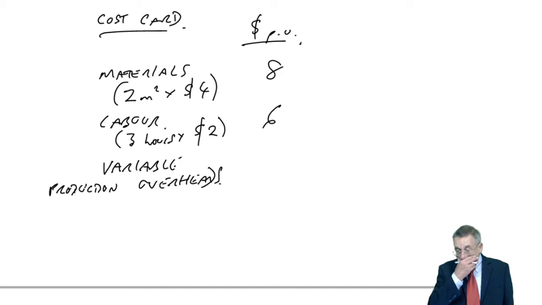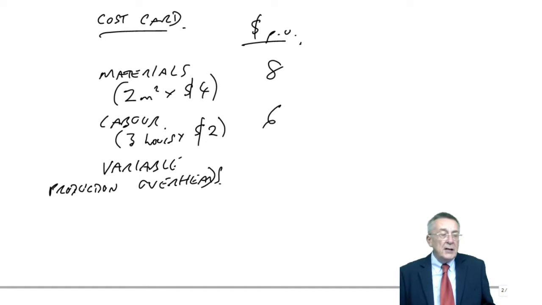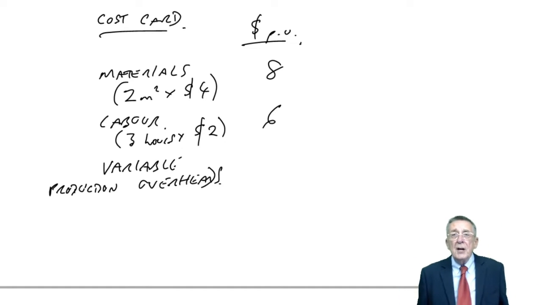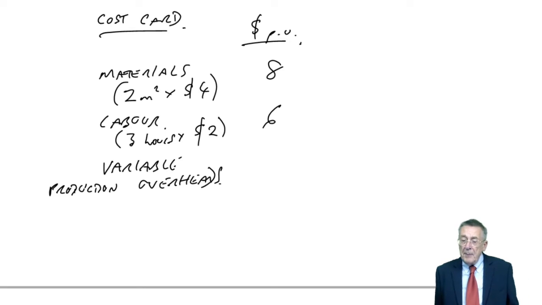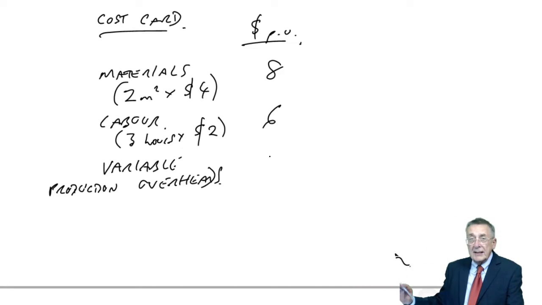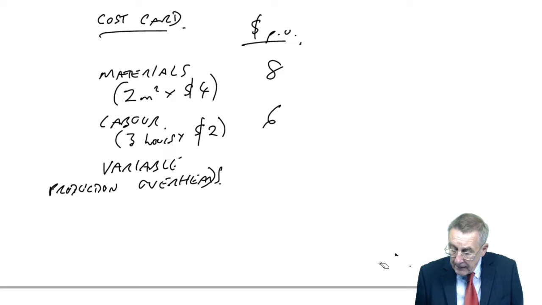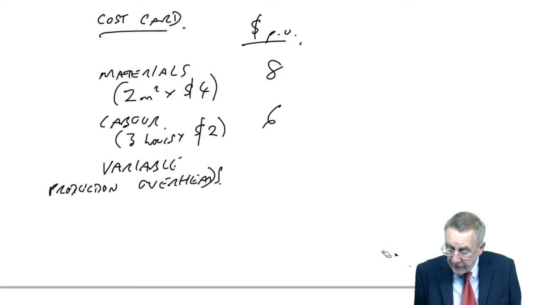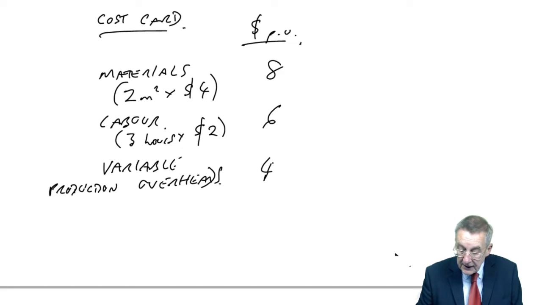Things like perhaps electricity for the machines. The more units we produce, the more electricity we use, the more the total overhead will be. It may be difficult to cost. We'll talk more about that in a later chapter, but maybe I've estimated that these variable overheads come to $4 a unit.